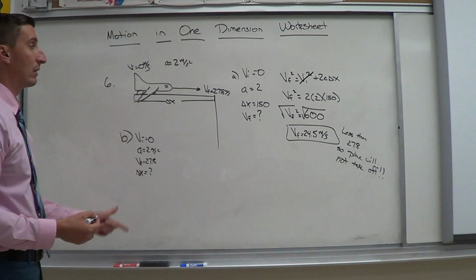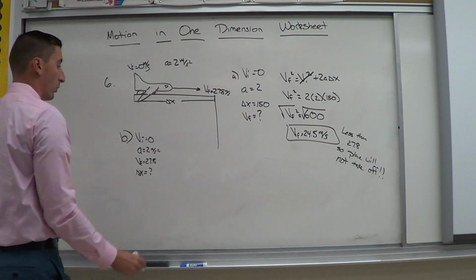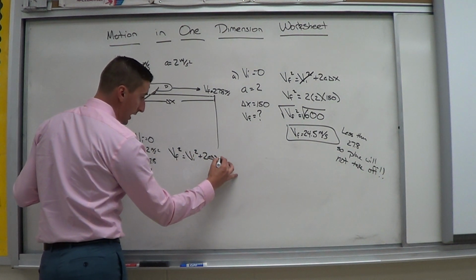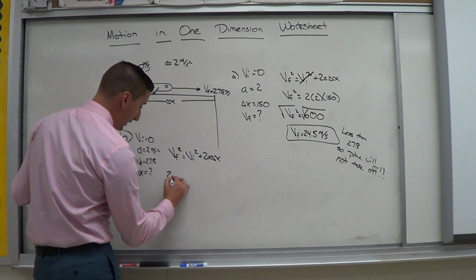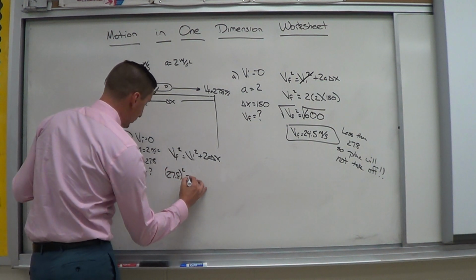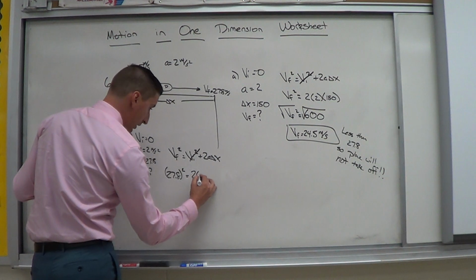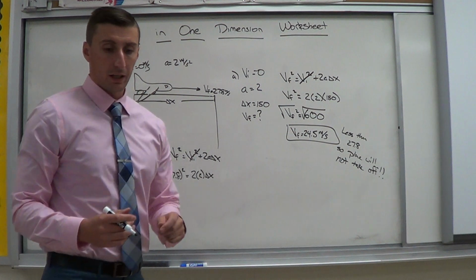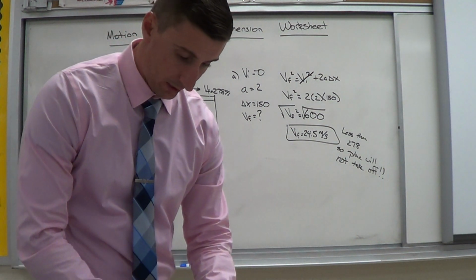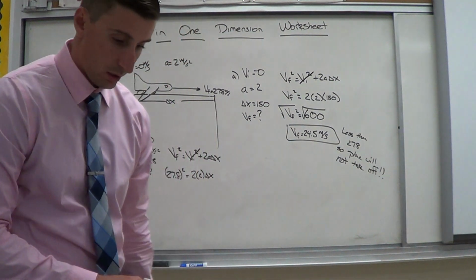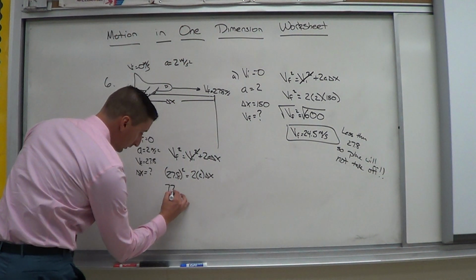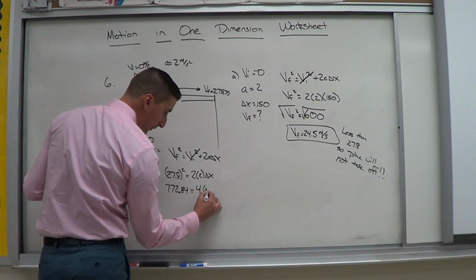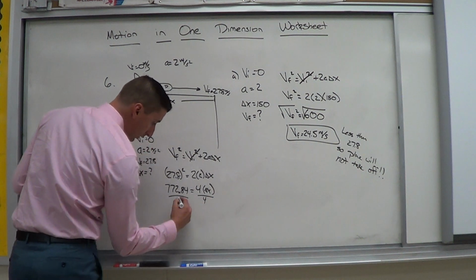Which variables do I have? I look at my equation sheet. I'm actually going to use the same exact equation: VF squared equals VI squared plus 2A delta X. I plug in. VF is 27.8 squared equals, VI 0 goes away, 2 delta X. I square 27.8, so I do 27.8 squared, and get 772.84 equals 4 times delta X. Divide by 4, divide by 4.